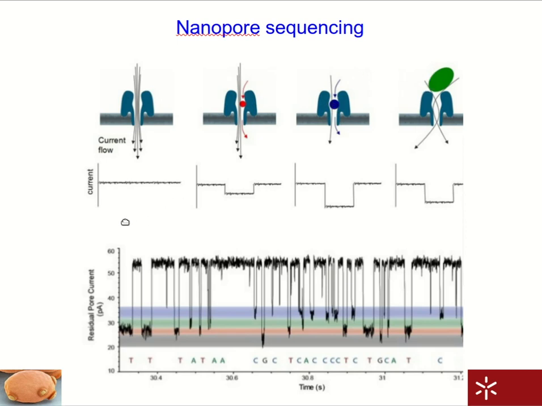The designers of this system found that this flow depends on what kind of nucleotide is currently blocking the pore at a certain place. So when you pull the DNA molecule through, you can see how these signals differ, and you can deduce what kind of DNA sequence was on the molecule that pulled through.